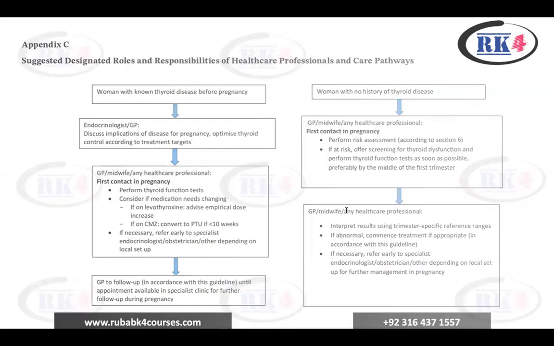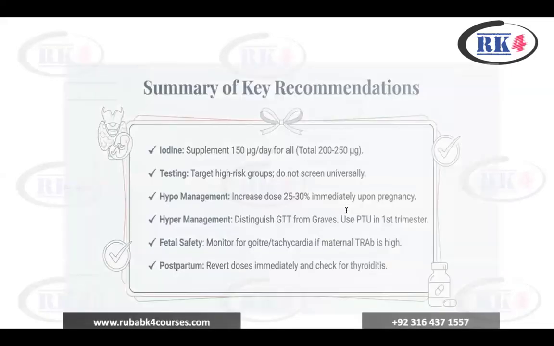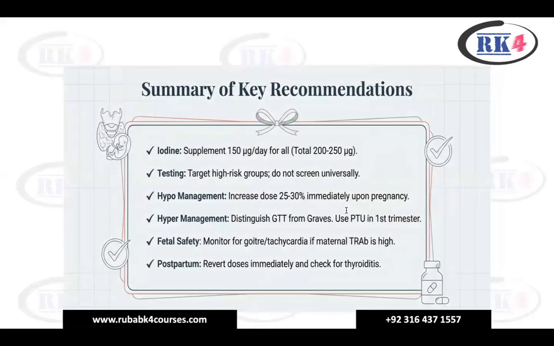So this is the one-slide summary of all the key recommendations that we should give. Iodine supplementation, 150 micrograms per day. We should do high-risk group testing. For hypothyroidism management, we have to increase the dose of levothyroxine by 25 to 30% immediately once the patient is pregnant. For hyperthyroidism, we have to distinguish it from Graves' disease.